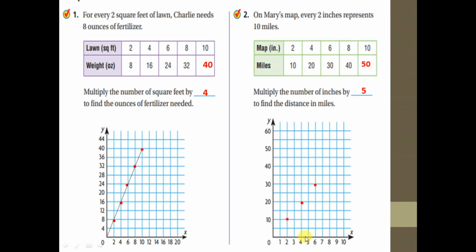We start from the origin, go to 8 to the right, then we go up until 40, and finally 10 with 50. We start from the origin, we go to 10, then we go up until 50, and don't forget to draw a line starting from the origin and go across all the points until the last point and check that you can write it properly.